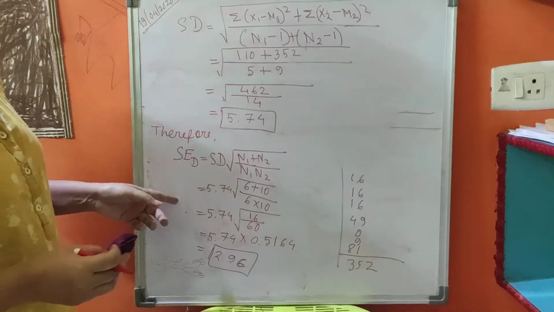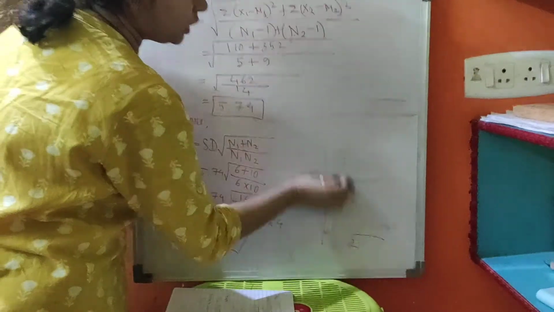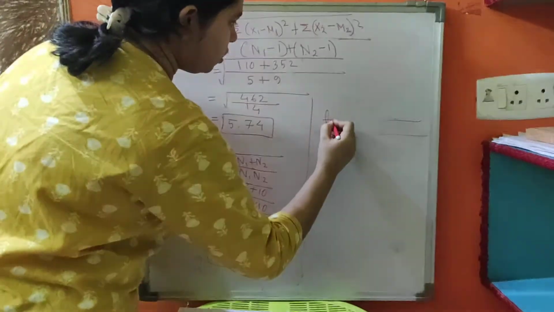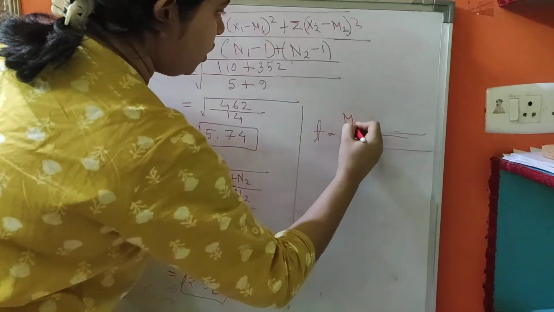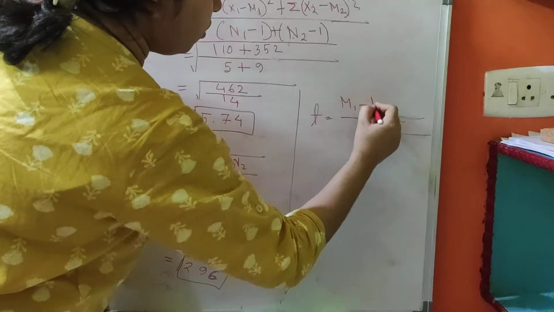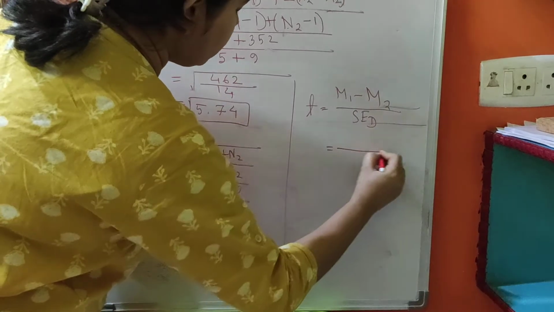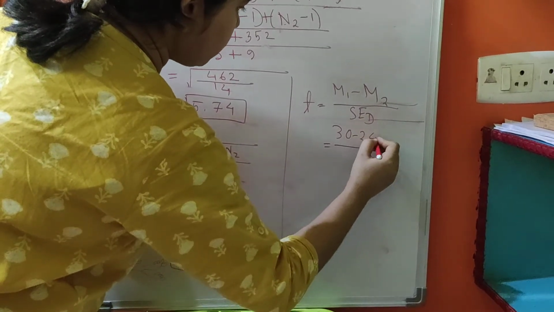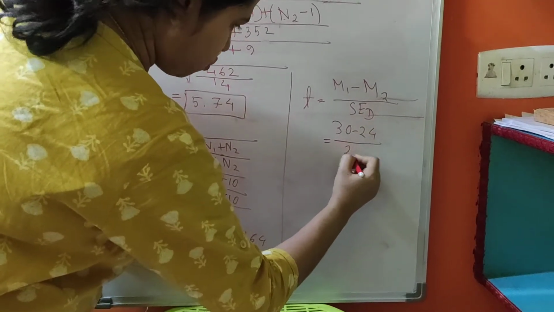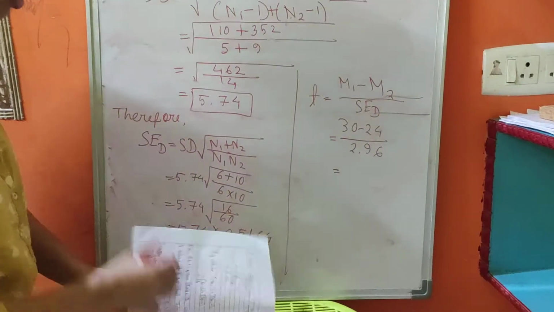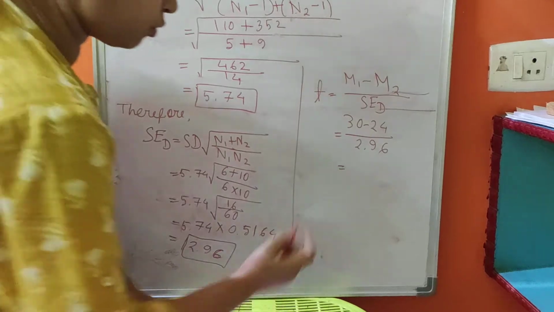By putting this value we can finally calculate the t value. So t is mean 1 minus mean 2 divided by the standard error of D. The mean difference is 30 minus 24 divided by 2.96, so this is 2.03.